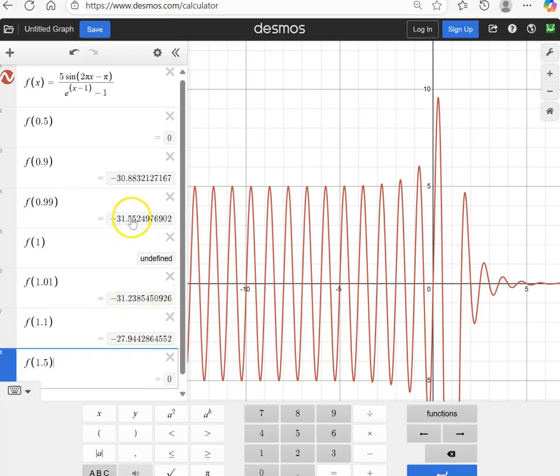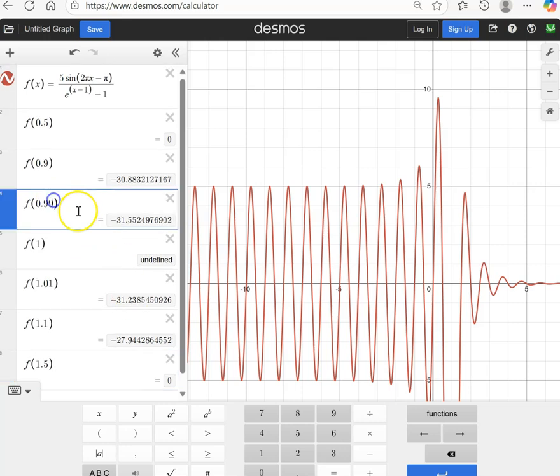One possibility would be to just average the -31.55 and the -31.24-ish. You could also, if you want, just go a little bit closer. So back on the paper, maybe we would move everything in one step and go 0.9, 0.99, 0.999, and 0.1, 0.01, 0.001. So here I've gotten it to at least agree to one decimal place. So I would say -31.4 is a reasonable estimate of what this value is.